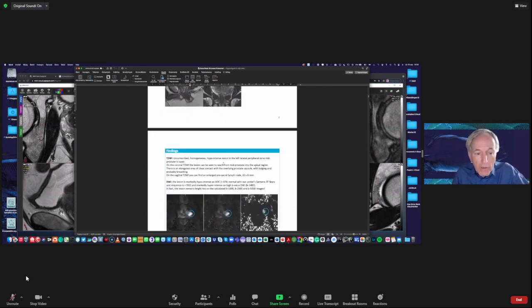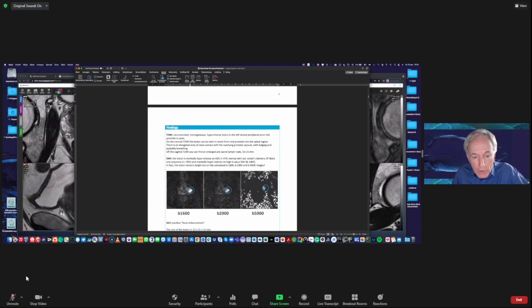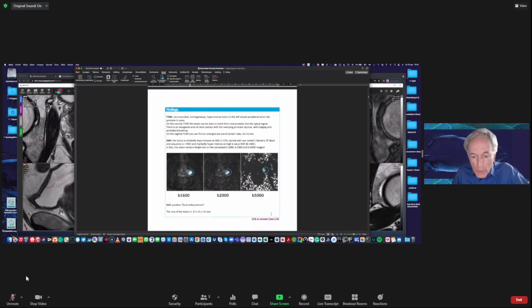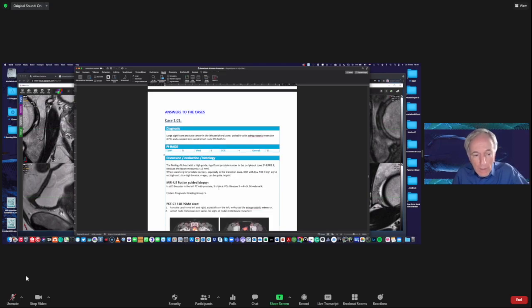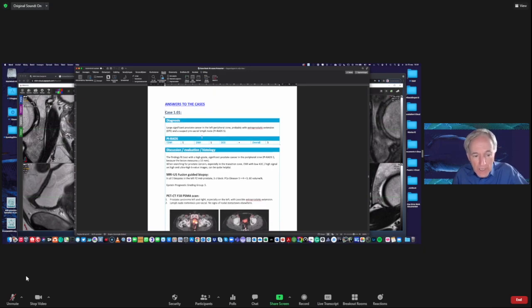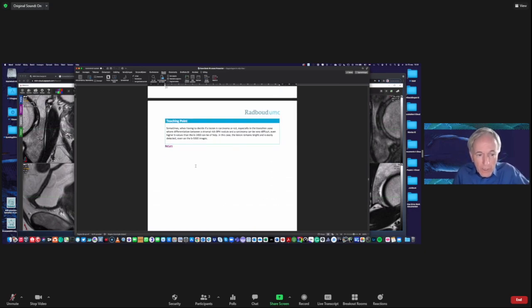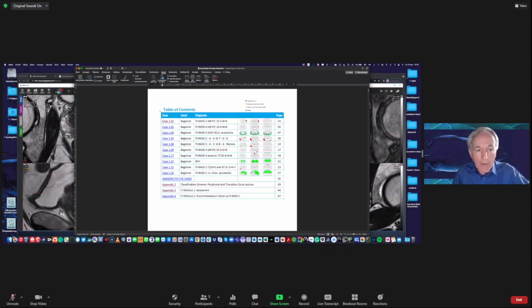Now, there are a few findings that we have described with some learning objectives. And if you want to have an answer, you click on the link to answer of case 101, and then you see the answer of the case with a description, with pathology, follow-up imaging, etc., and a learning objective. At the end, you can go back to return and you are back at case 101 again.